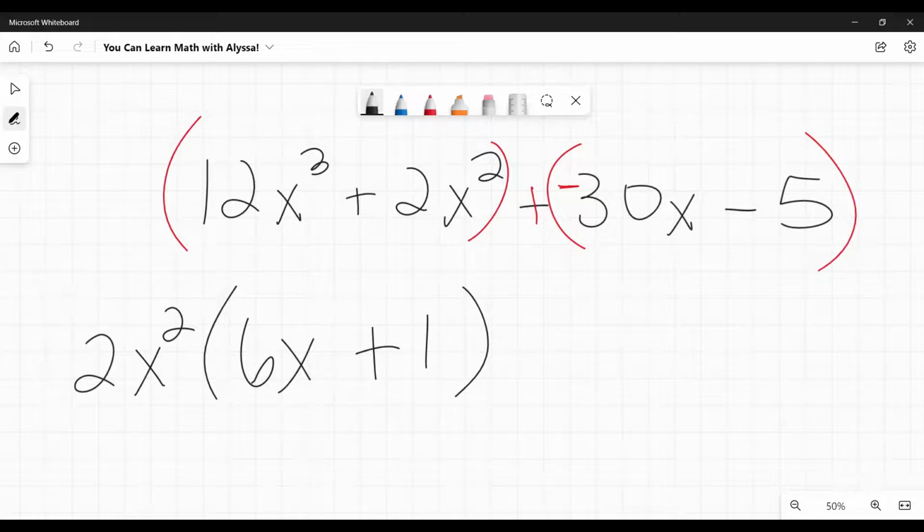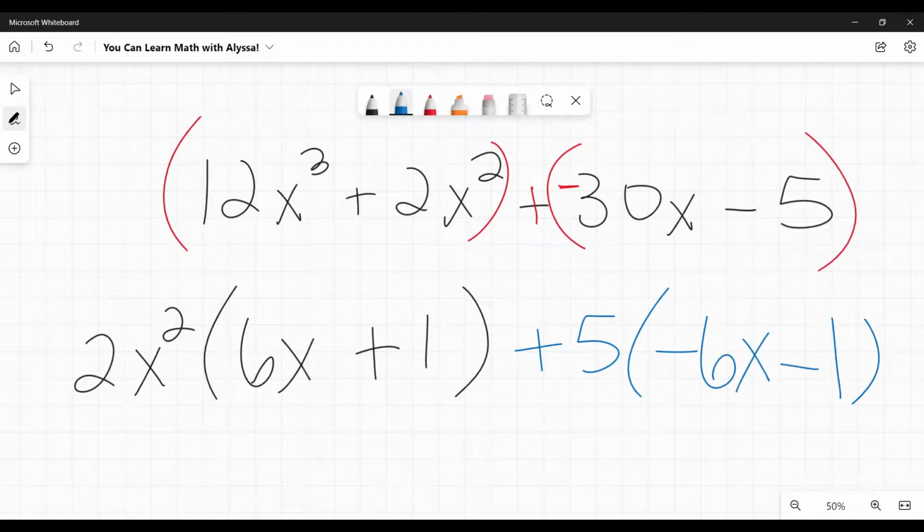On the other side, we are going to need to pull out a negative greatest common factor. Why? Because if I don't do that, these pairs are not going to match. So let me just show you that. Let's say I just pulled out a positive. In this case, I will look at 30 and 5 and say 5 is the greatest common factor. What happens if I pull out a positive 5? I am left with negative 6x minus 1. That does not match.